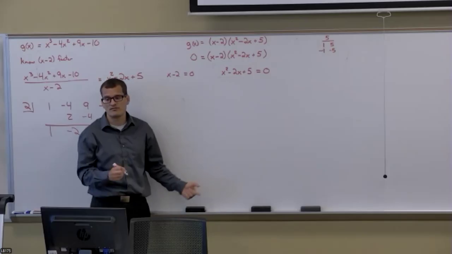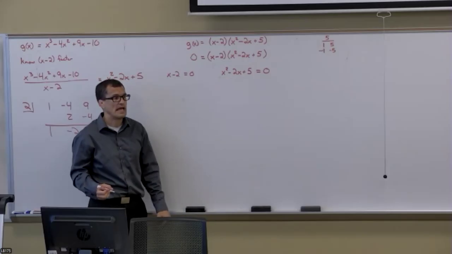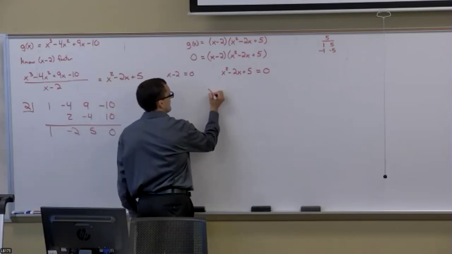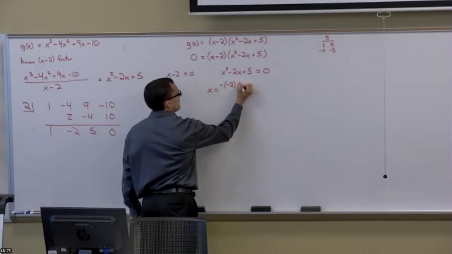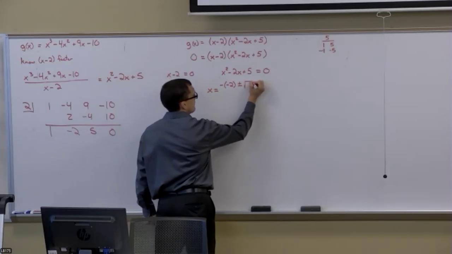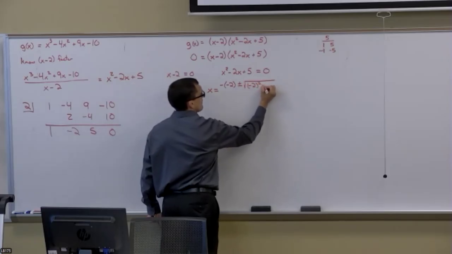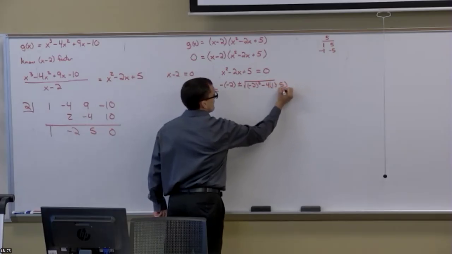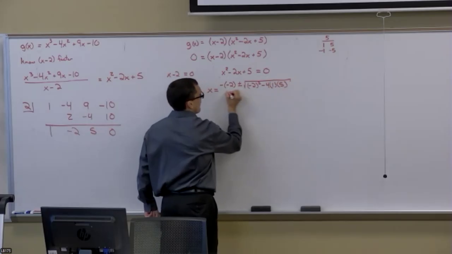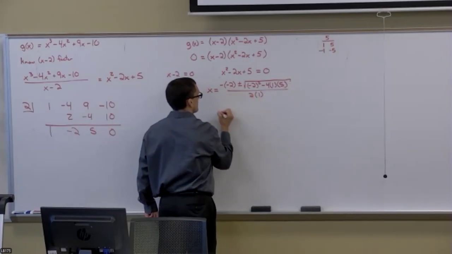We know it's not going to factor, so we just set this up. And what I would probably do is use the quadratic formula: opposite of b, plus or minus the square root of b squared minus 4 times a times c, all divided by 2 times a.